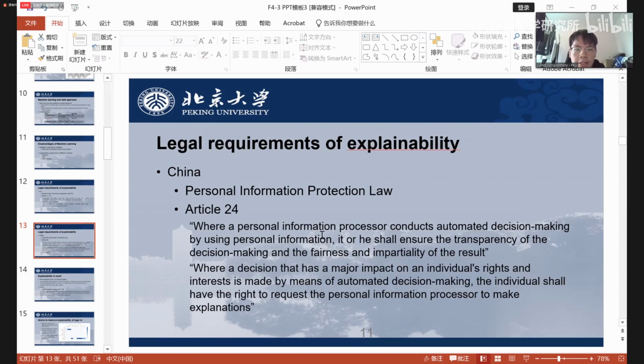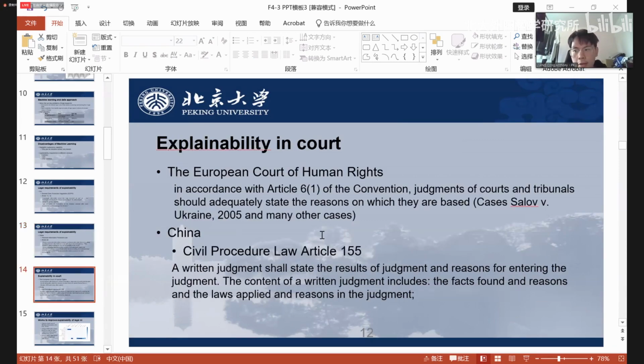Such legal requirements in Europe and in China are requirements for platforms in the business area. But we can turn our eyes to the court. Actually, in court, there naturally exists explainability. For example, in the European Court of Human Rights, the judges are required to state the reasons on which they base their decisions.